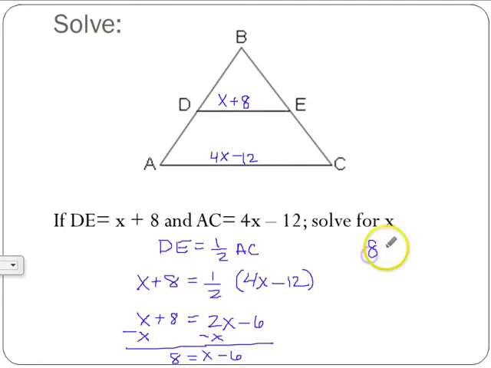I'm going to move the equation up to the right here, I ran out of space. The last step is to add 6 to both sides. 8 plus 6 is 14, and we get 14 equals x. And we have solved for x.